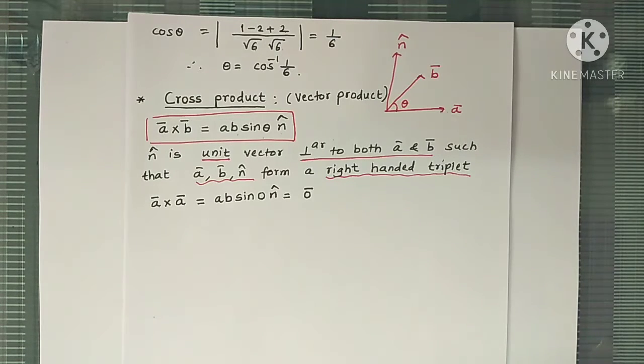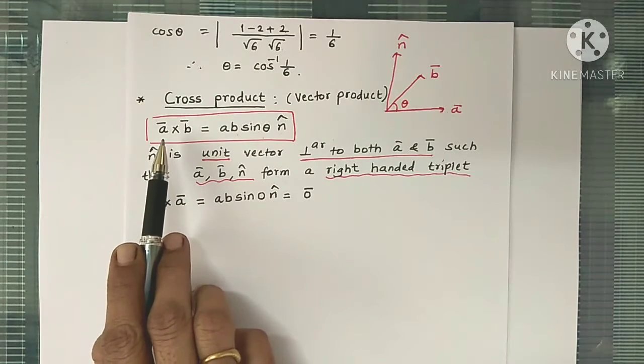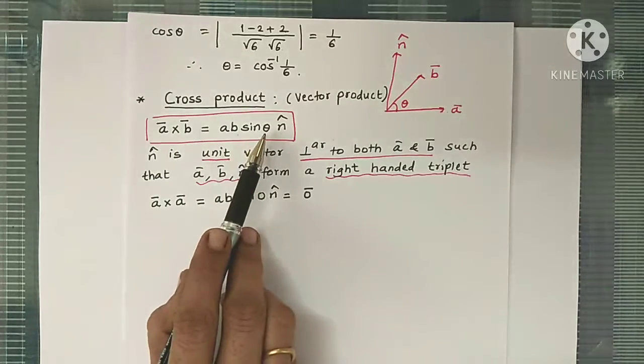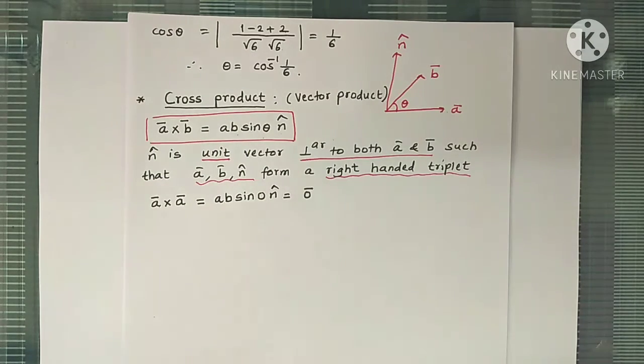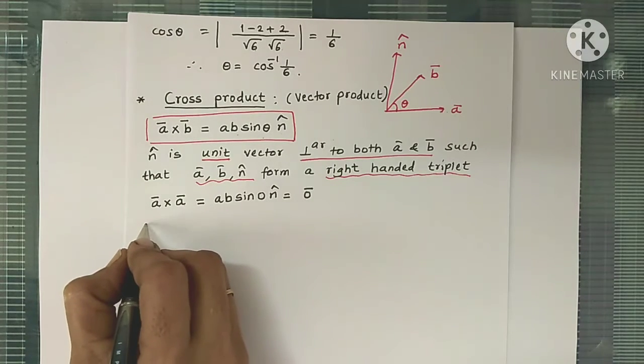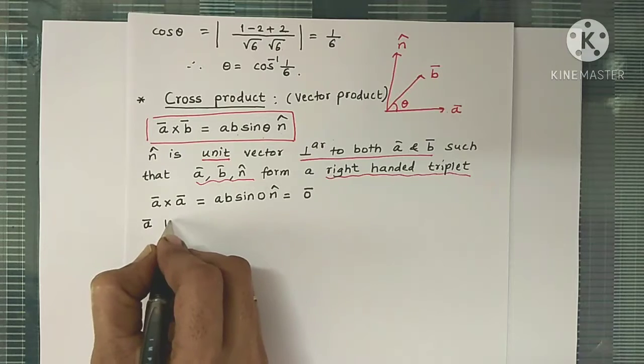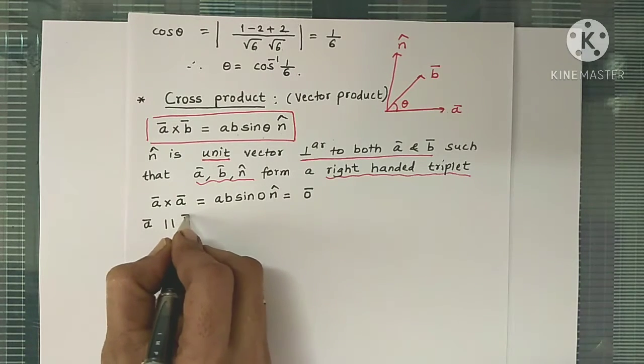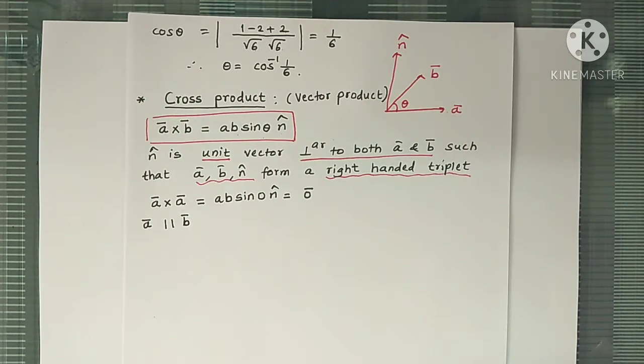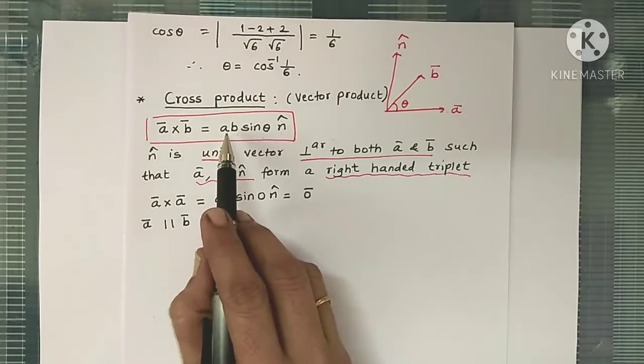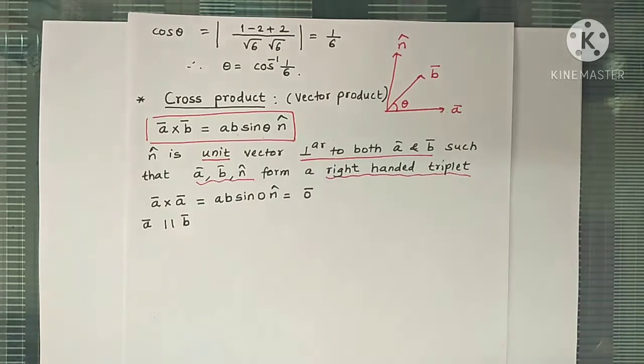In fact, if A bar and B bar are parallel or collinear, then also the angle is 0, so we get the cross product as the zero vector. So let's write that. If A bar and B bar are collinear, that means they are parallel, but the only condition is that A bar and B bar should not be 0 vectors, because if they are 0 vectors, then their magnitude will be 0 and the product will be 0.